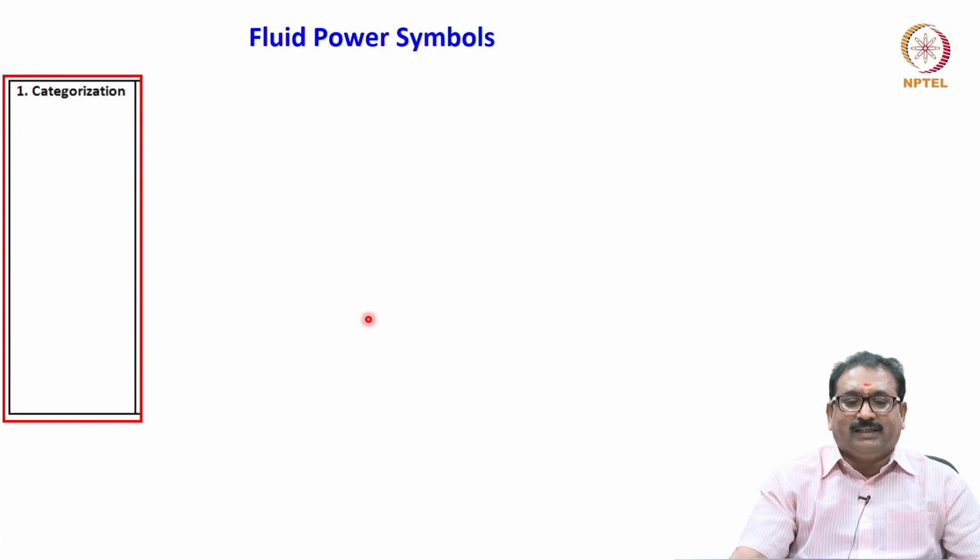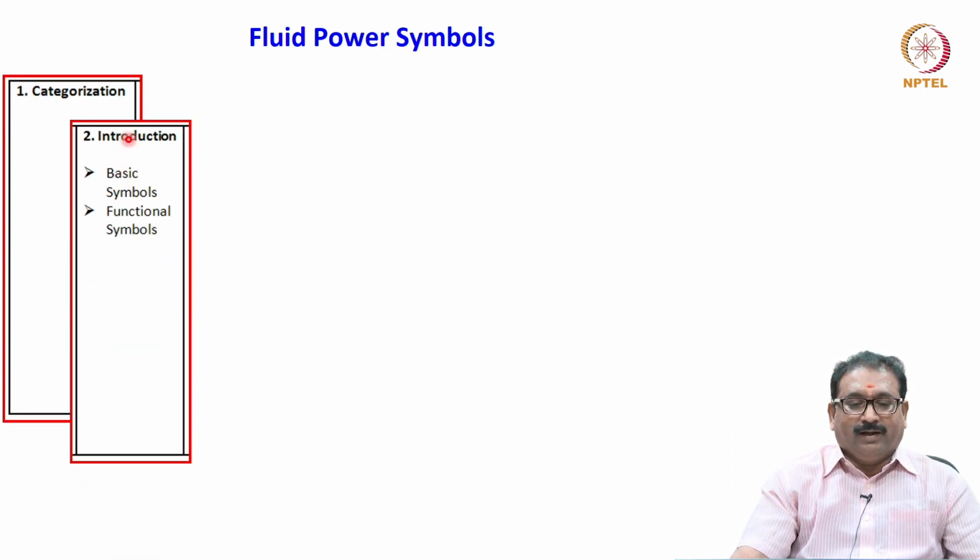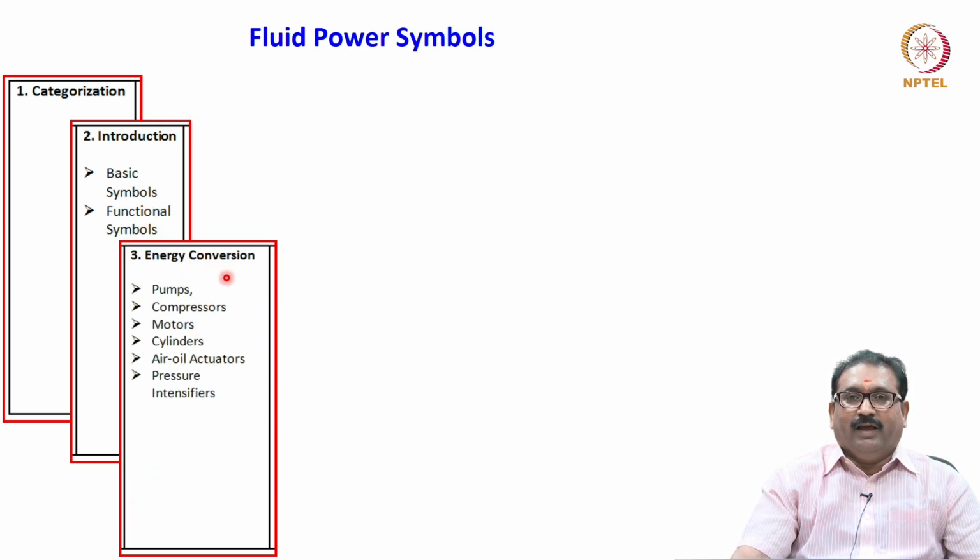The first category is the introduction, which includes the basic symbols and the functional symbols used to represent the fluid power components. Energy conversion includes pumps, compressors, motors, cylinders, air oil actuators, and pressure intensifiers.